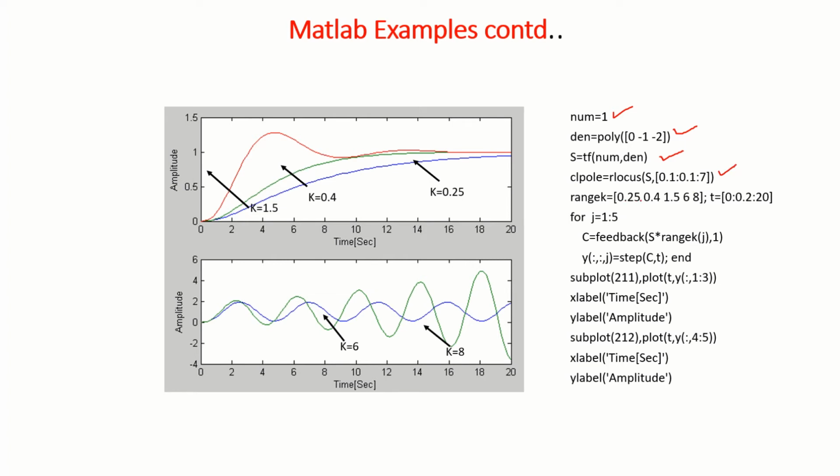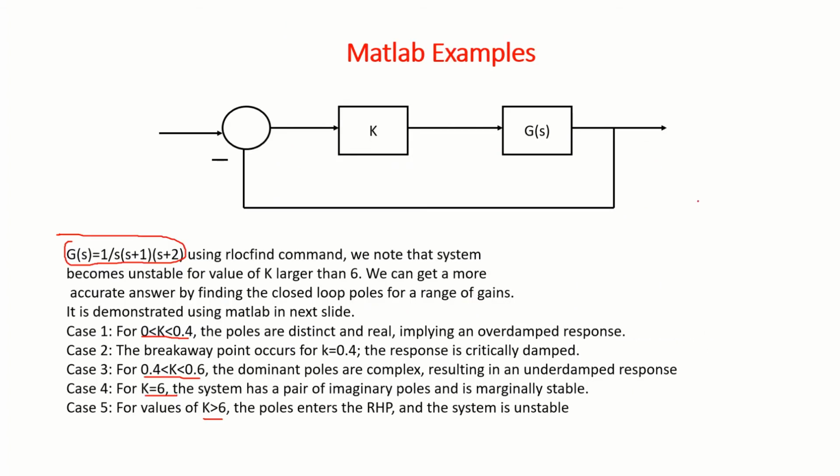Range of k, from 0.25 to 8, correct? No, these are the values: 0.25, 0.4, 1.5, 6 and 8. I think these are the k values I have given. Okay, right?